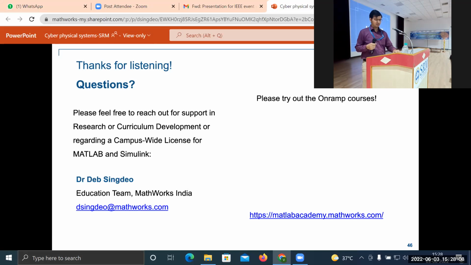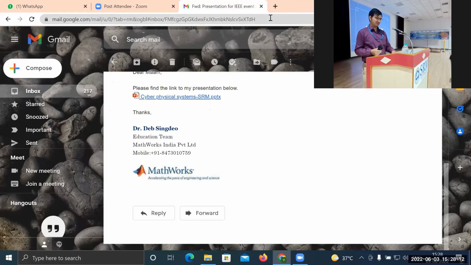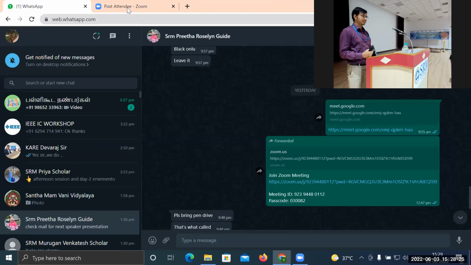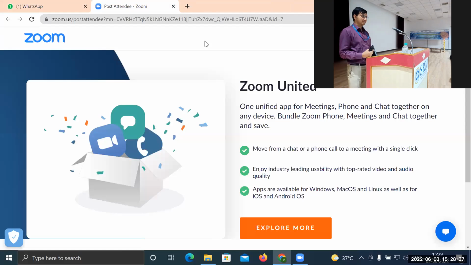Yeah, we indeed thank Dr. Devan Singh for gracing this event with your physical presence. Because in SRM, we have very close contact with MathWorks, in which the team is supporting SRM technical part in conducting events, and especially the 2-credit course, Real-Time Edge Computing with MATLAB. I hope many students in this hall are also undergoing this course.